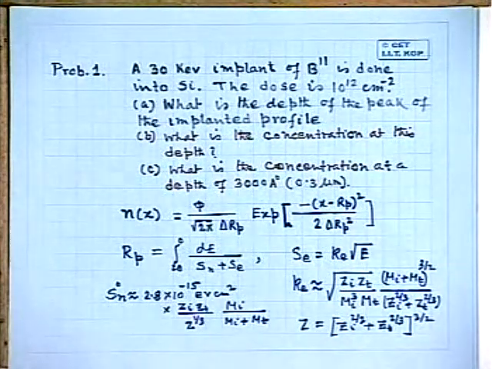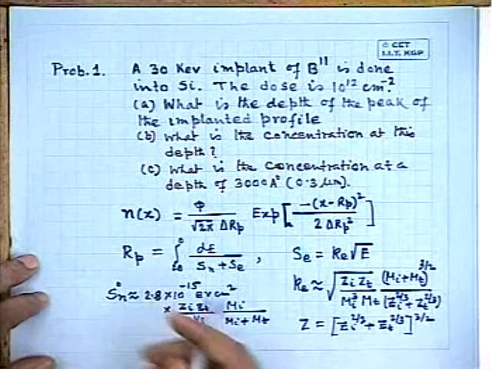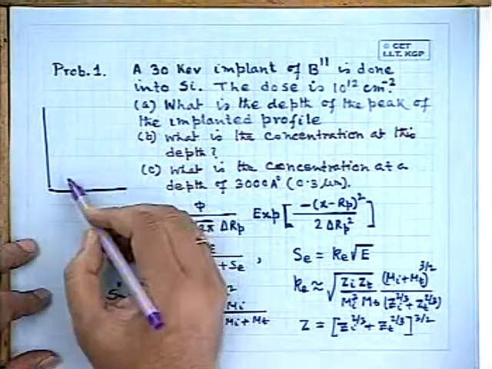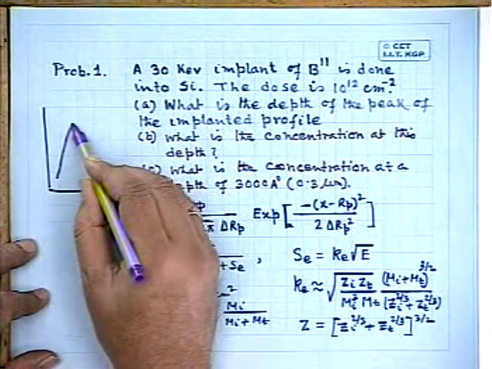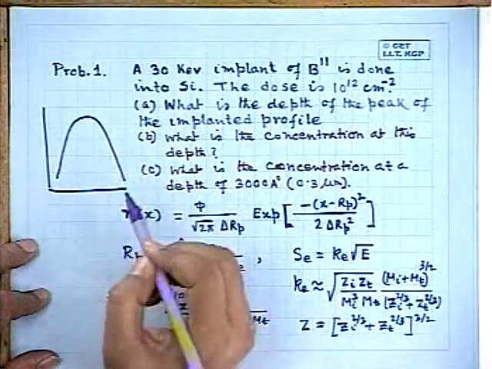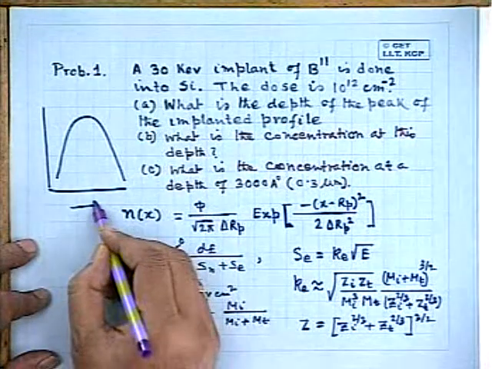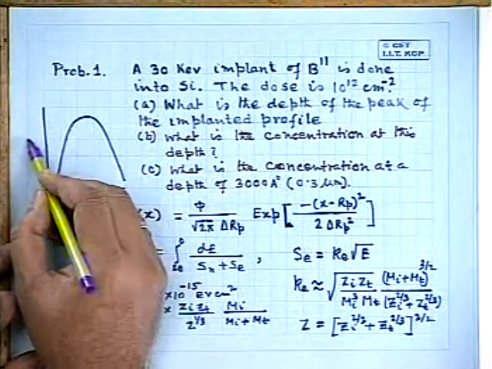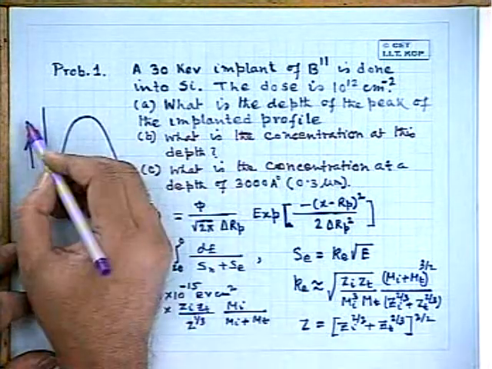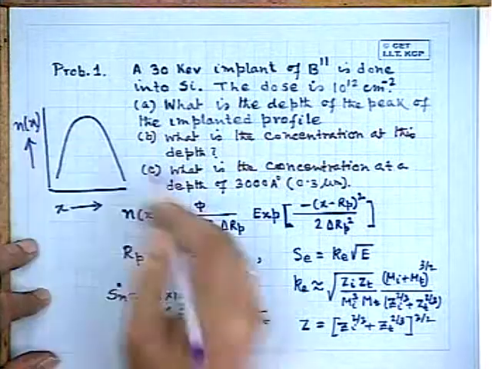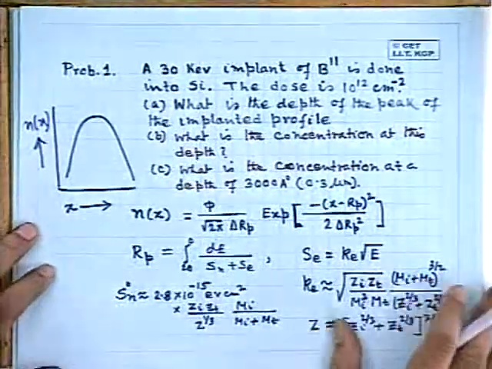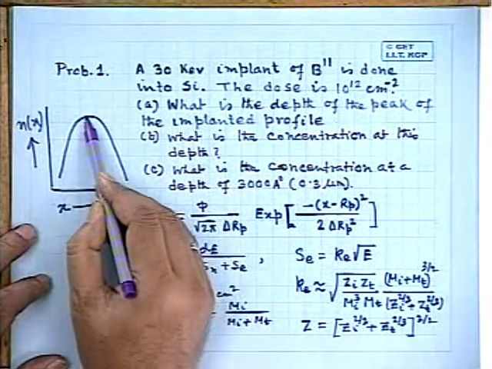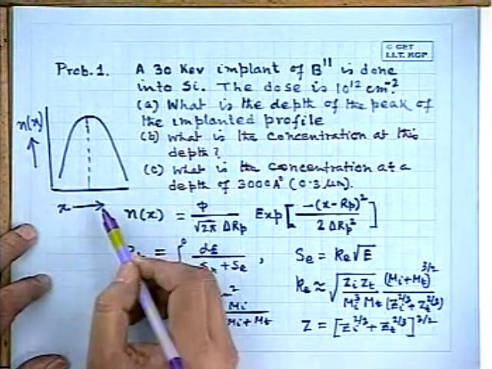If you remember the profile I am drawing here, roughly it is something like this, a full Gaussian. This is x, and this you plot as n(x). Now this particular point, what is this?